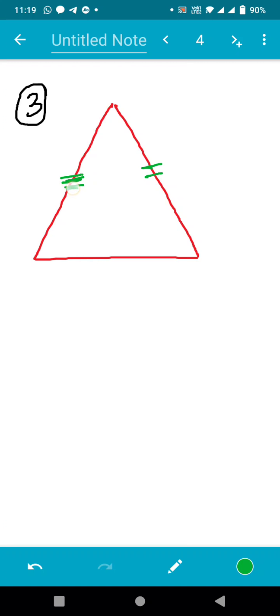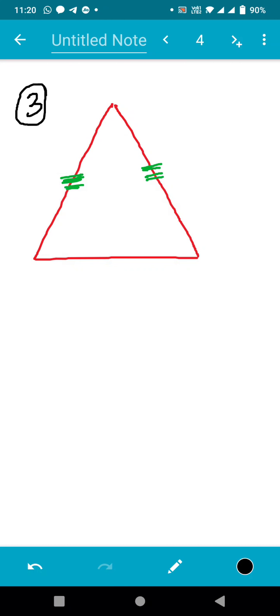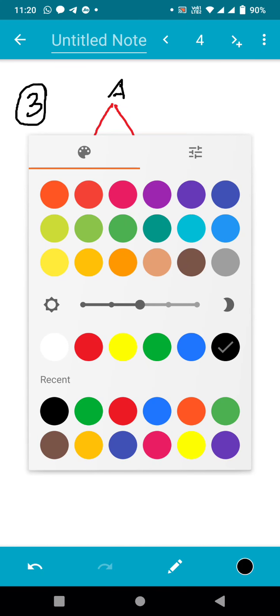Any two arms are equal, so we'll consider these two arms are equal to each other. Now let us draw one perpendicular. Now first of all, we'll name this triangle. So what is the name of this triangle? We'll call this A, B and C. Okay, now we'll draw one perpendicular.